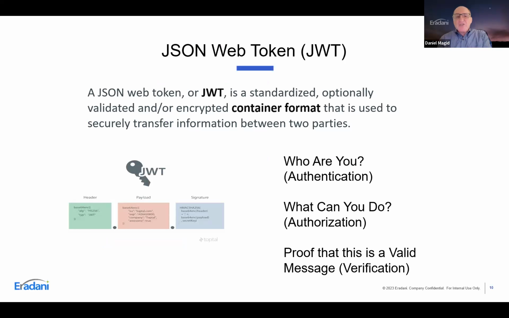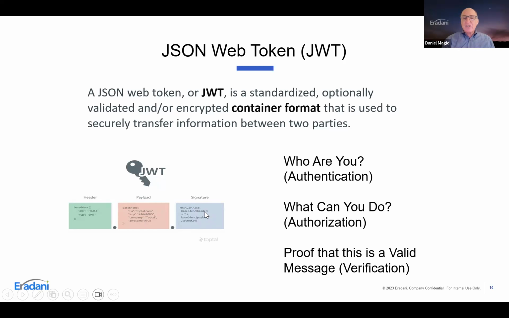So if you want to use JSON Web Tokens, this is basically what a JSON Web Token is. A JSON Web Token is something that has a header that identifies, hey, I'm a JSON Web Token, and this is the cipher suite that I'm using. This is the encryption suite I'm using. And then it has the actual encrypted payload. So what's the message you're actually sending, the information you're sending.